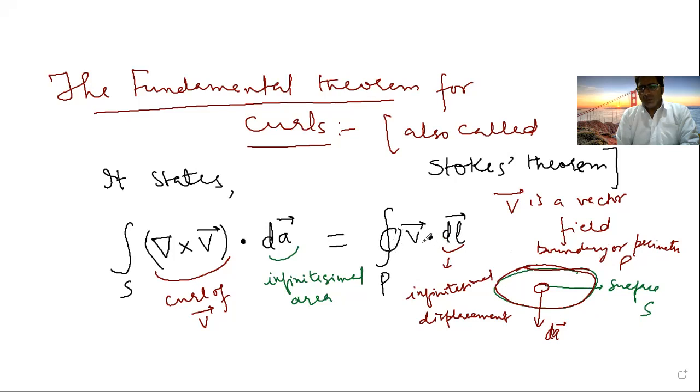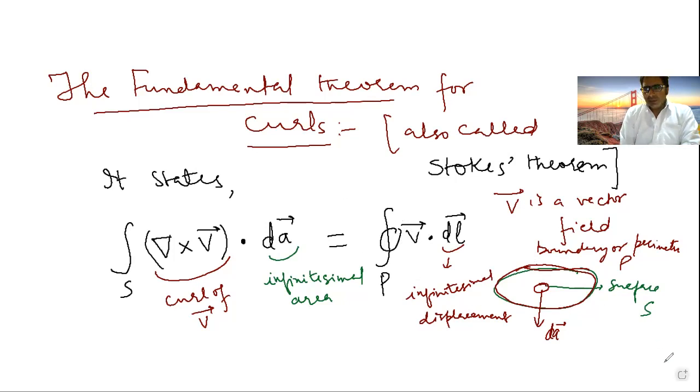But you have to go along this boundary fully because it is a closed integral, right? So this is the statement of this particular theorem called Stokes' theorem or the fundamental theorem for curls.